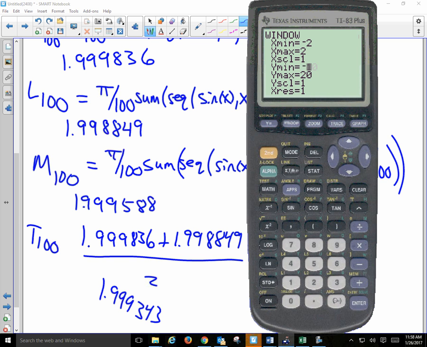So x from -4 to 4, I'm sorry, and then y from -2 to 2. Okay, now I got a much better graph to look at, and I want to calculate that area, and my lower limit is 0, and my upper limit is pi, and it draws all my rectangles, and boom, 2.